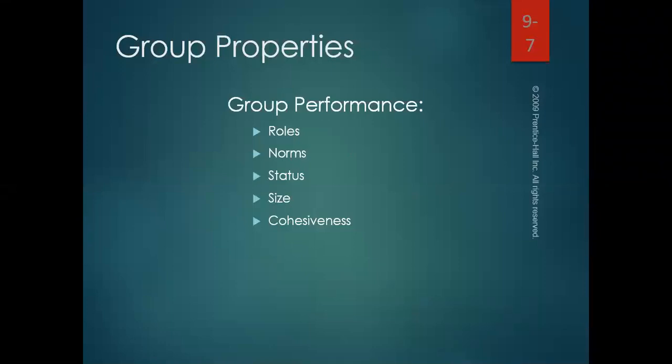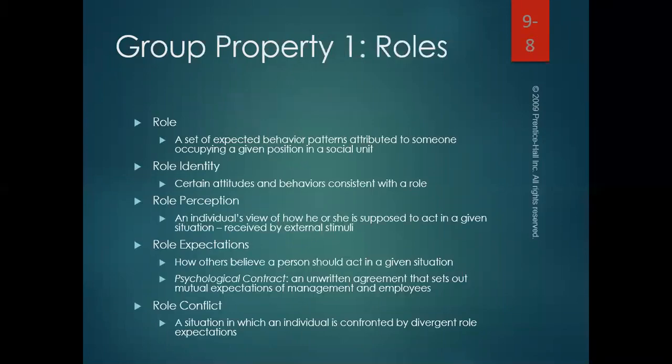When we are forming the groups, you are ultimately explaining the roles of the individuals in the organization. You ultimately explain the styles, the formation, and so many things when you are designing groups. So the number one property is role.